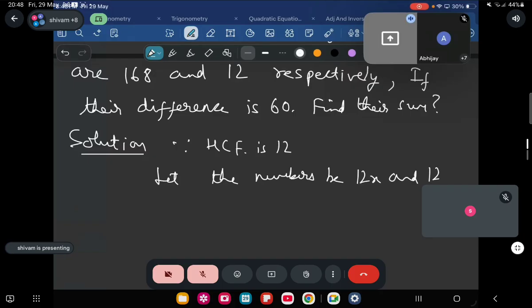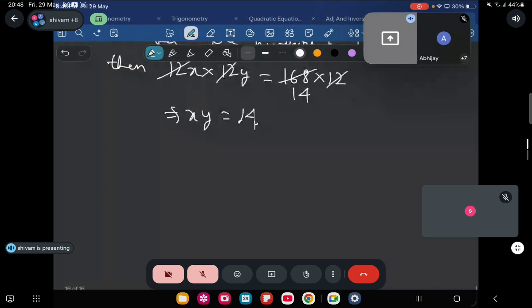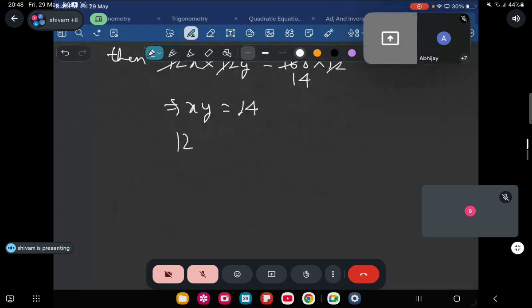Then 12x into 12y equals 168 into 12, since LCM into HCF equals the product of the two numbers. So 12 is cancelled, and xy is equal to 14. Their difference is given as 60, so 12 into x minus y is equal to 60. That means x minus y is equal to 5.